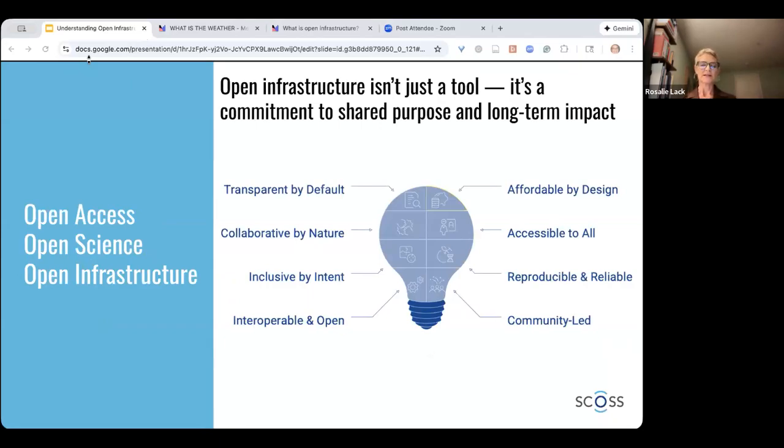If we want these benefits of open science and open access that we've just been going through, transparent by default, affordable by design, accessible to all, collective and collaborative by nature, interoperable and open, all of these qualities, is this the world that we want? Do we want this world of open science, open access, open infrastructure? They go hand in hand, and I, of course, advocate that we do want this world. So I'm just leaving these definitions to be clear on what these various parts are about.